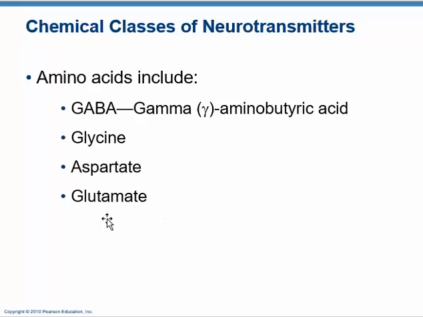Glutamate tends to be in the central nervous system an excitatory, where GABA is an inhibitory. This is why people become gluten intolerant, because gluten has a lot of glutamate, so it affects the brain. It affects regions of the brain because it acts as a neurotransmitter.